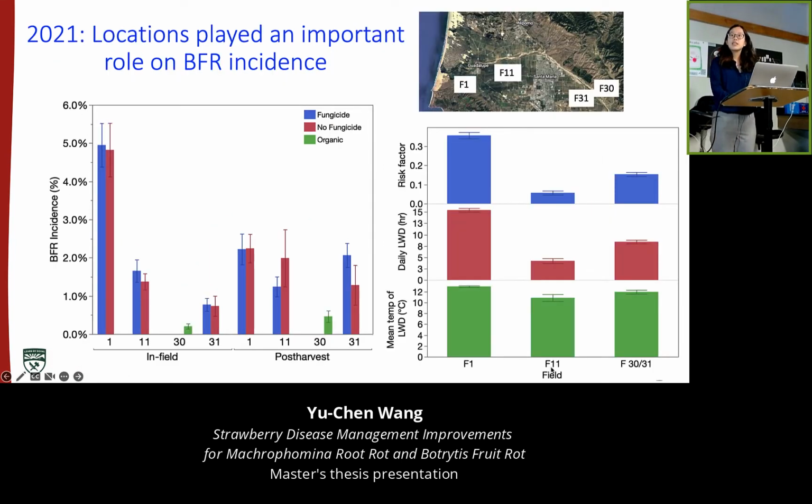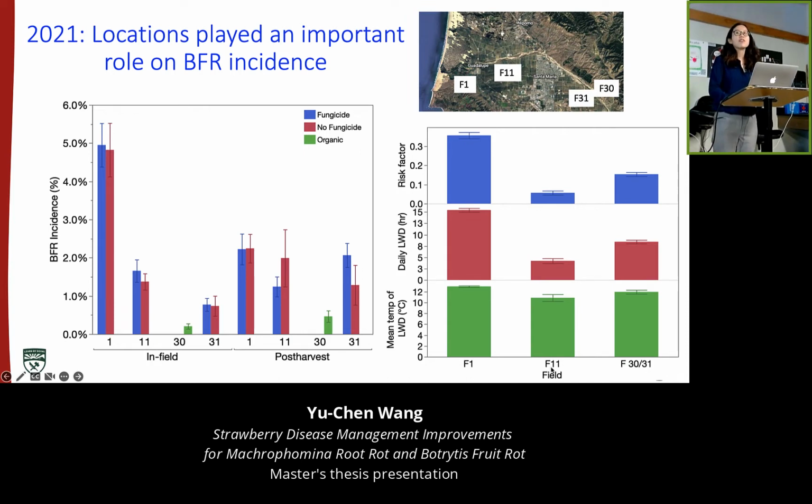We also see a pattern of the incidence reducing from the coastal area to the inland area. That is more obvious for the in-field Botrytis fruit rot incidence, and for the post-harvest we can see a little bit of a pattern as well. Looking at the risk factor calculated by the Strawberry Advisory System, we also see the pattern of field 1 having the highest incidence and reducing toward the coastal area, with field 11 having a very low incidence, which is very interesting.